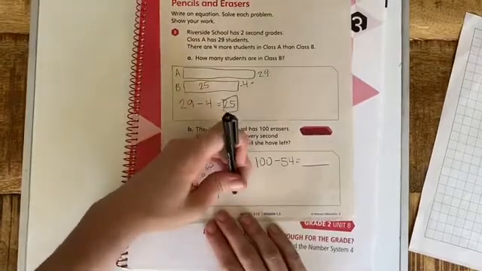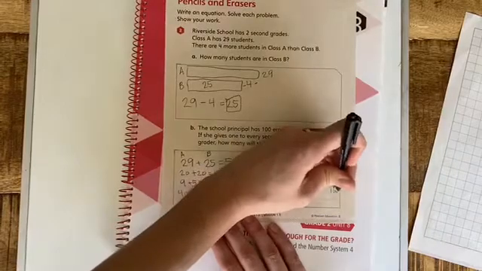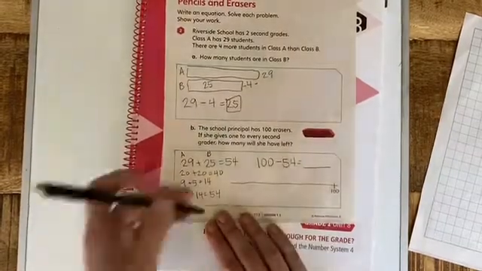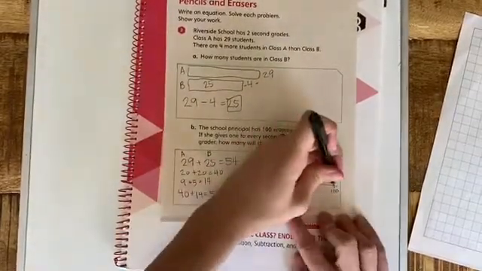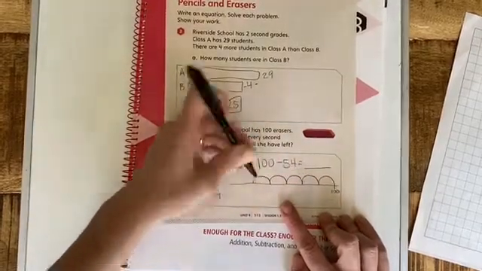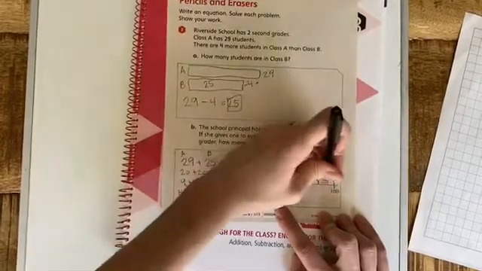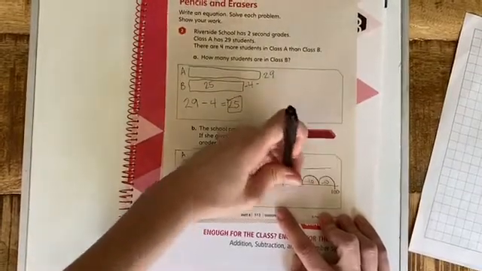So I think this time I'm going to use a number line. Last time I used equations. So the principal has 100 and she's giving away 10, 20, 30, 40, 50, and 1, 2, 3, 4. Put in my labels.